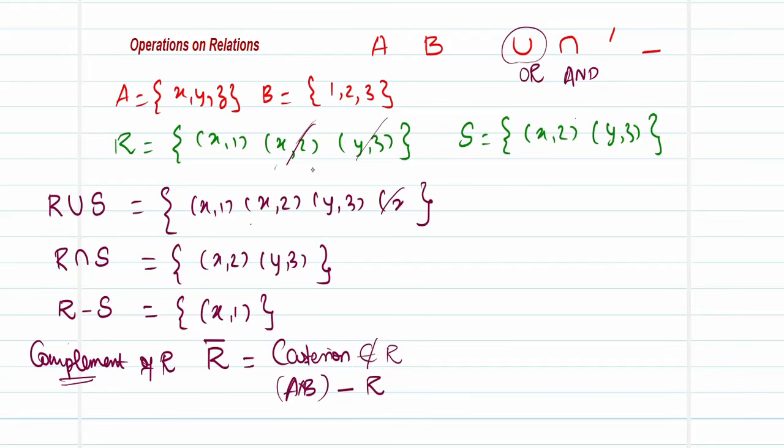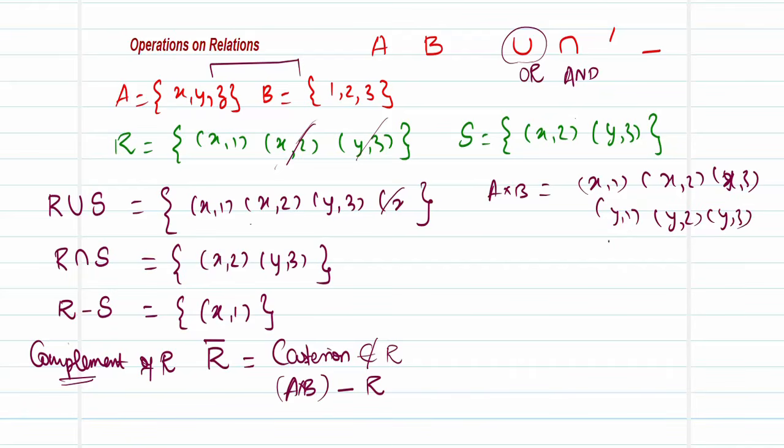So what is my Cartesian product A cross B? A cross B now contains (x,1), (x,2), (x,3), (y,1), (y,2), (y,3), (z,1), (z,2), (z,3).